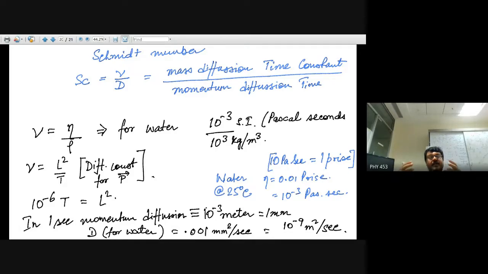So in air, there are large collisions. Air molecules move a large distance, around 50 nanometers actually, before they undergo collisions. That's basically the mean free path of air molecules. You can check it out from your kinetic theory.